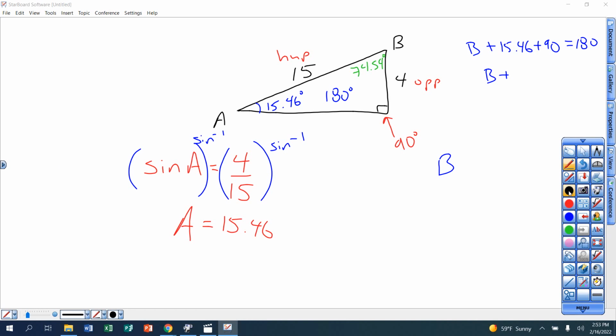All right. So to find B, she realized I've got to deal with cosine because I'm given the adjacent and the hypotenuse. So if I take those two pieces and write them adjacent over hypotenuse, now it gives me the fraction that I could inverse cosine.